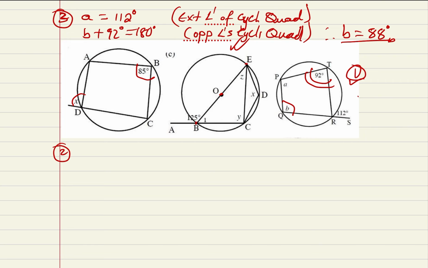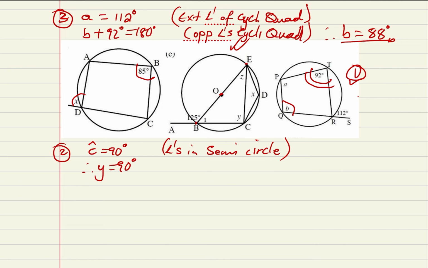So since BE is a diameter, we are going to say angle C is equals to 90 degrees. Why is it 90 degrees? It's because of the angles in a semicircle. That means therefore y is equals to 90 degrees.